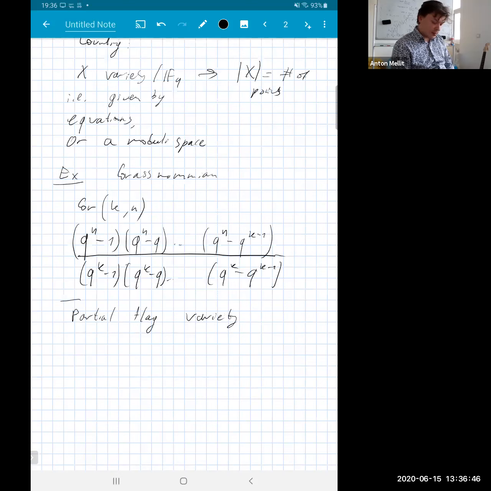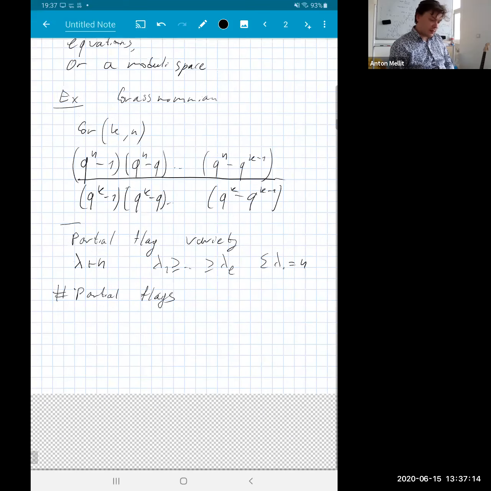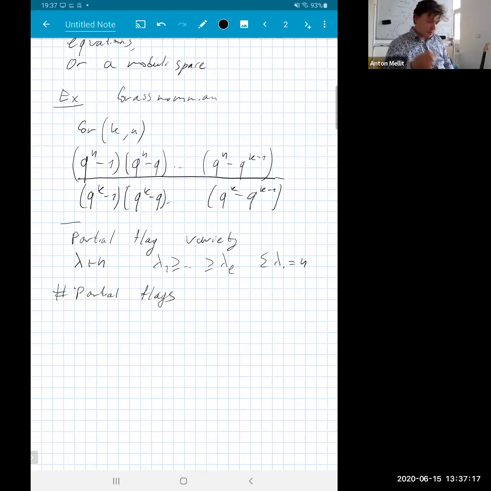For that you choose some partition, so you have some entries so that the sum equals n. And then you want to count partial flags whose steps are given by lambda. Then you can apply the same formula as for the Grassmannian, but iterated.